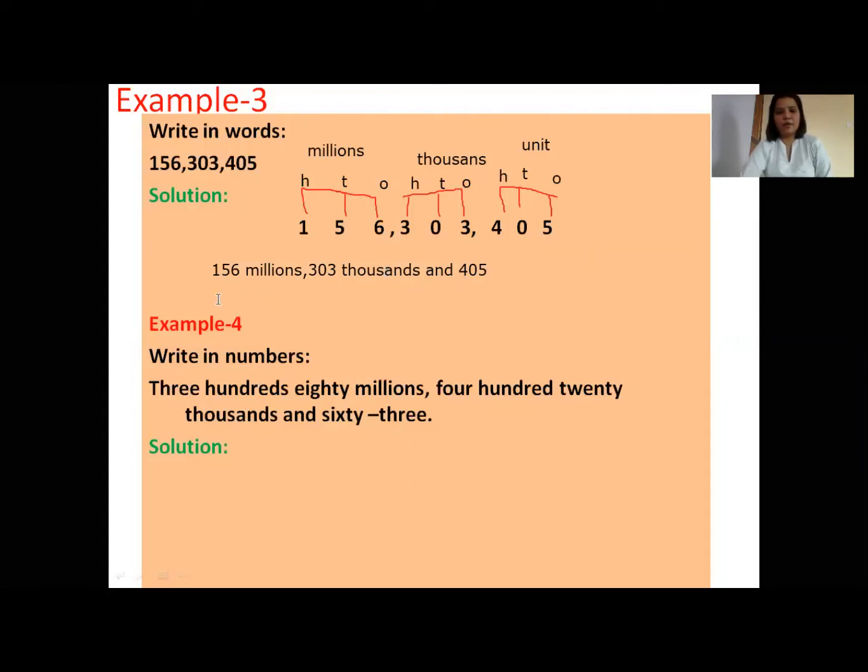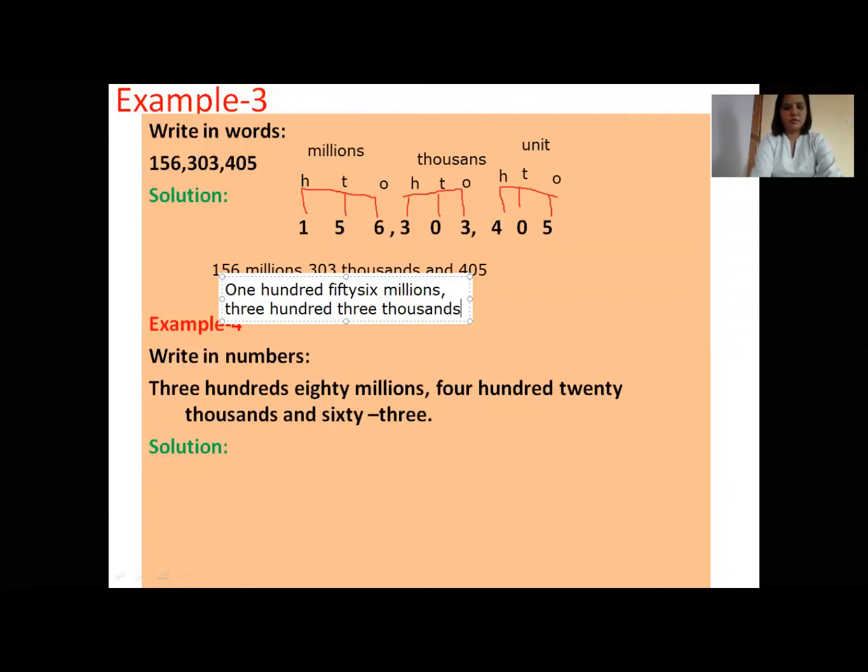So we can write the number in words as 156 millions, comma, 303 thousands and 405.